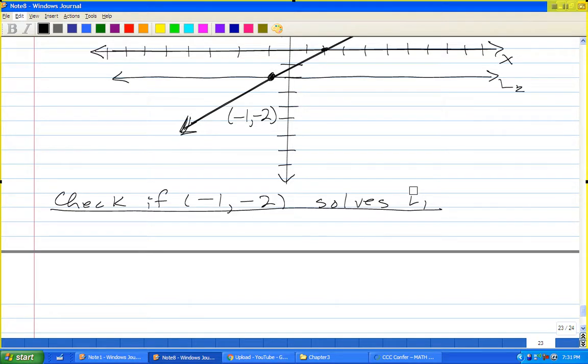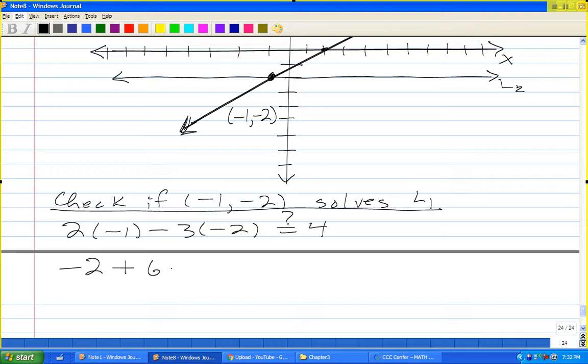This is problem 27. So is 2x minus 3y equal to 4? Is -2 plus 6 equal to 4? Is 6 minus 2 equal to 4? Yes.